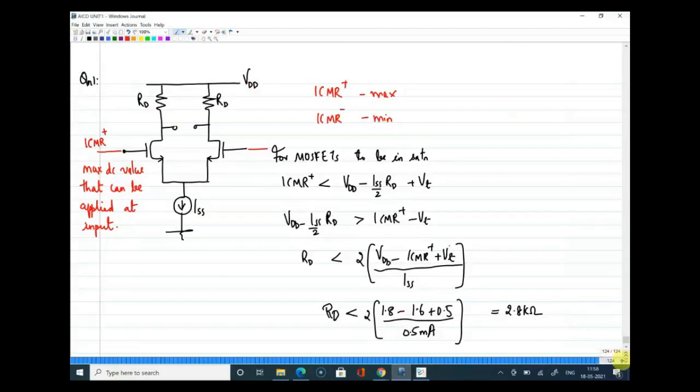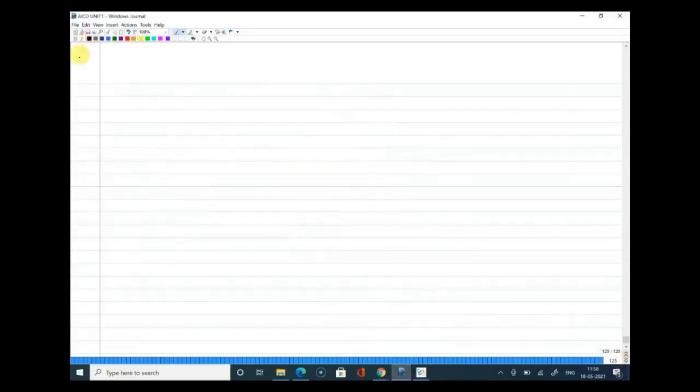Yeah. So what I'll do here is, this is question number 2. After reading the question, what we can say is the circuit remains the same. We are not talking about any different structure. We are just talking about the same differential amplifier with a resistive load, right? That is what we have.